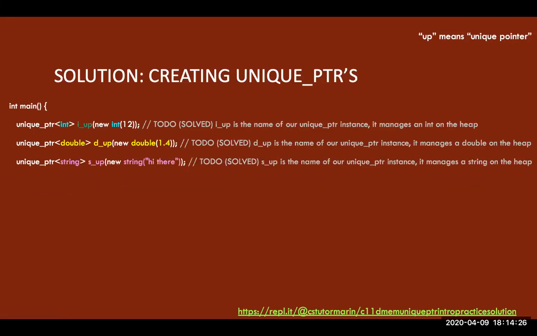This might seem a little confusing because we don't often initialize a string container this way, but you can, of course, just say I want a new string container, and I pass into the constructor for the string container the "hi there" string, right? And then that pointer to that string container gets passed into this instance of the unique pointer class, right? So we're creating a new string on the heap. We pass the pointer in, which matches this type right there, okay?